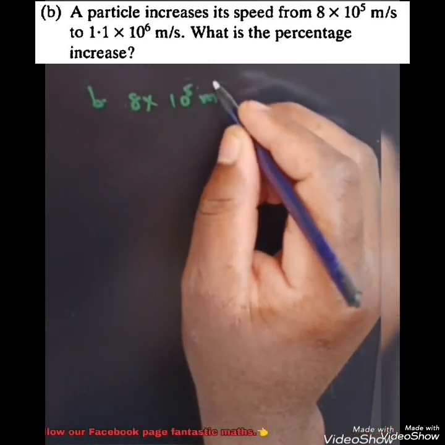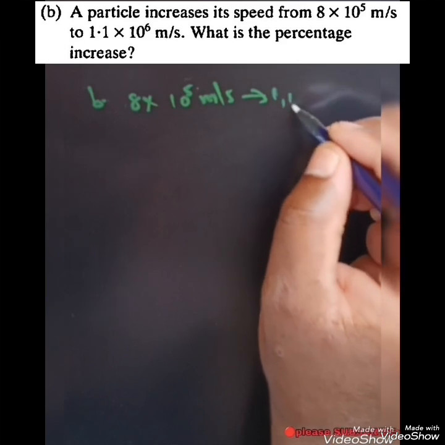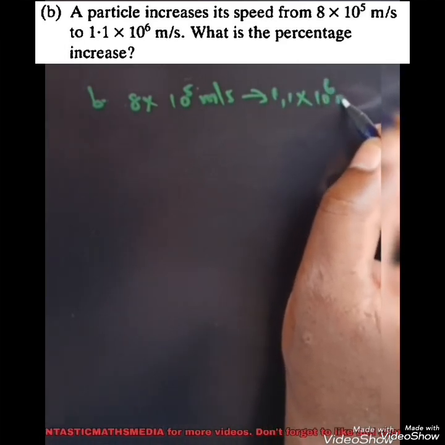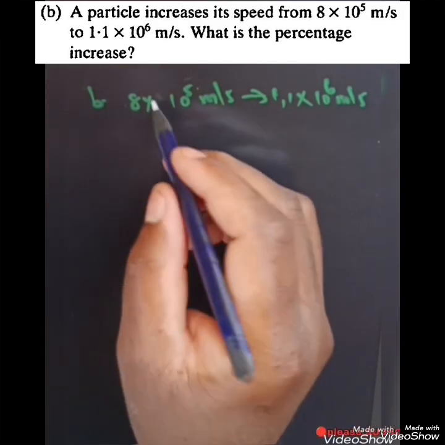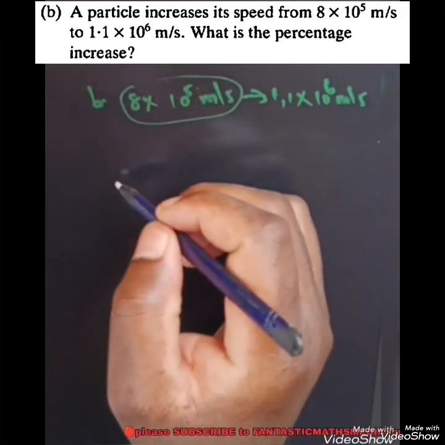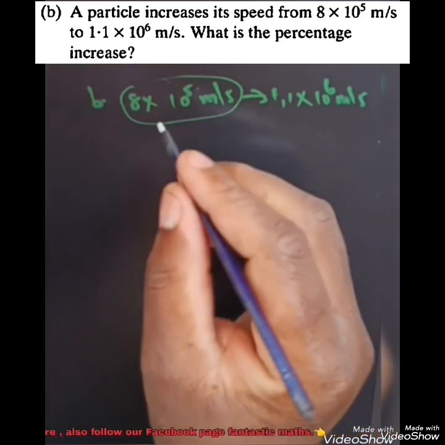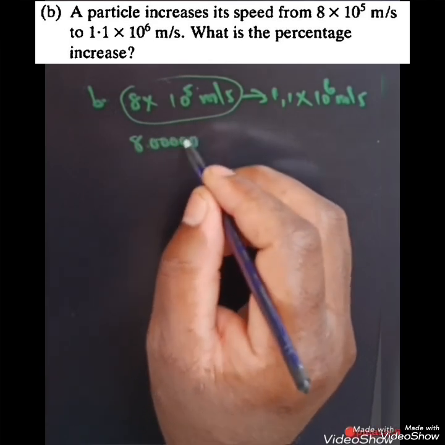If you see, our numbers are given in standard form, so we need to convert them back to the normal form so that we can find the percentage increase. Find the change, then we say change over the initial speed times 100%. Okay, let's convert: 8 times 10 to the power 5 is 8 with 5 zeros.